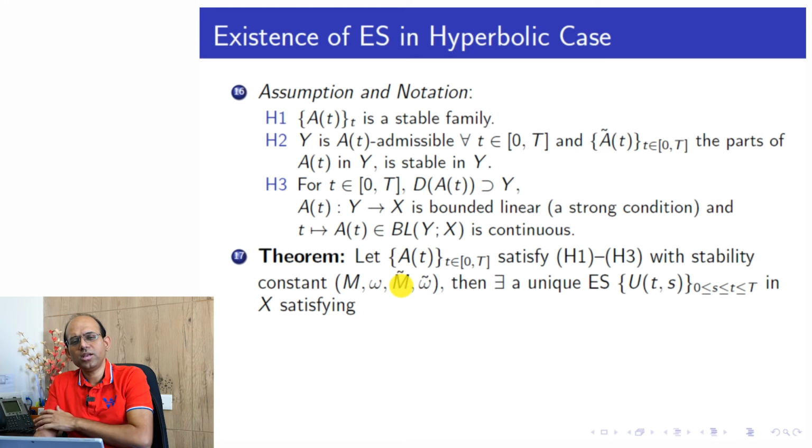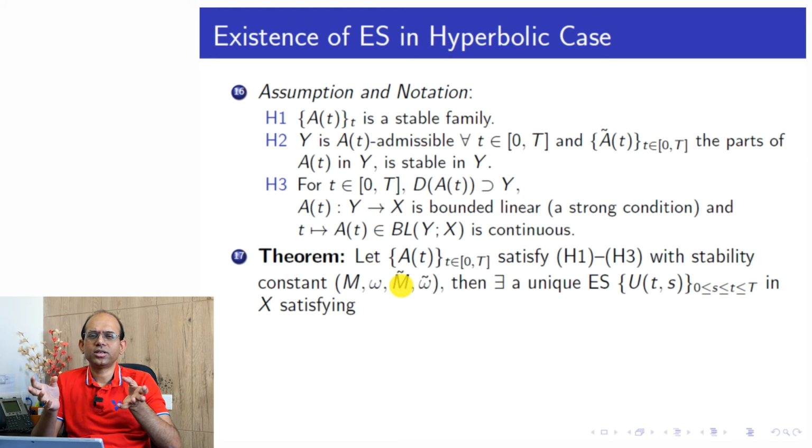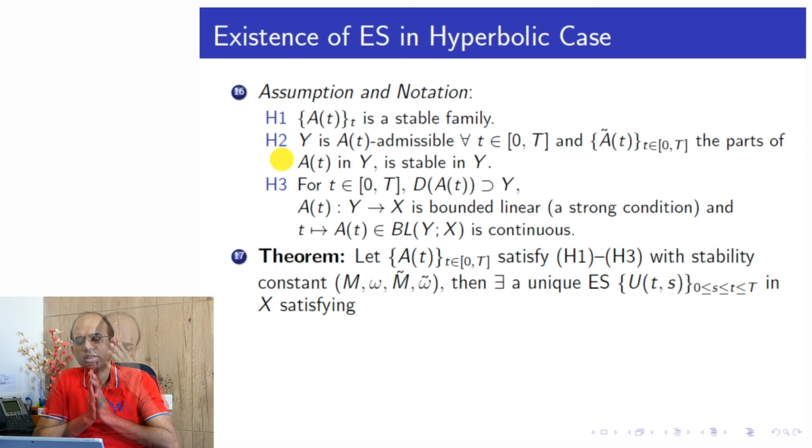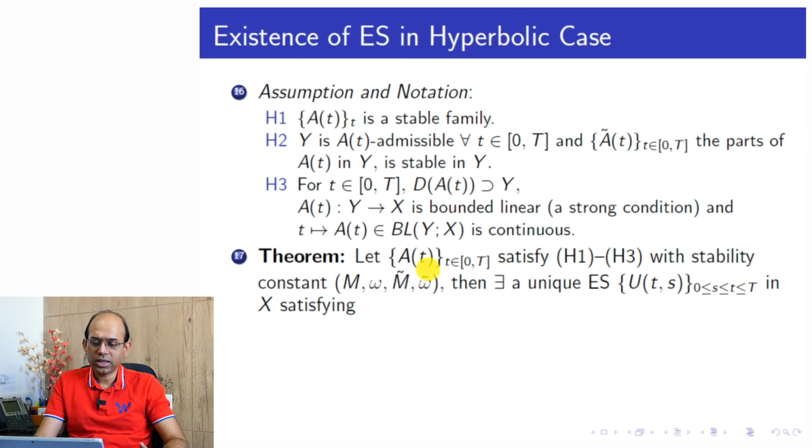So this is H1 to H3. If any family of generators, family of operators A(t), satisfies these three conditions altogether, then we say that family is satisfying the hyperbolic case. So then, theorem: let A(t) satisfy H1, H2, H3 with stability constants M, omega, M tilde, omega tilde.